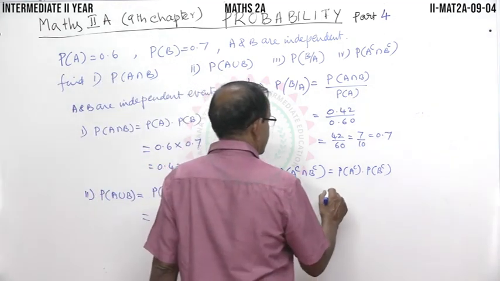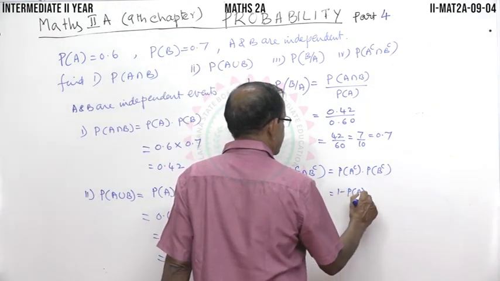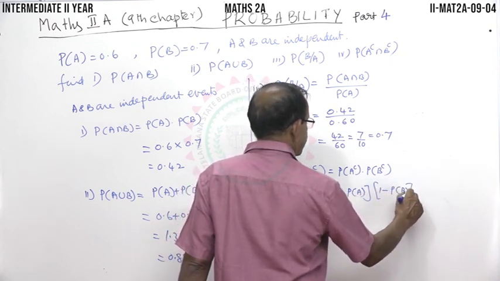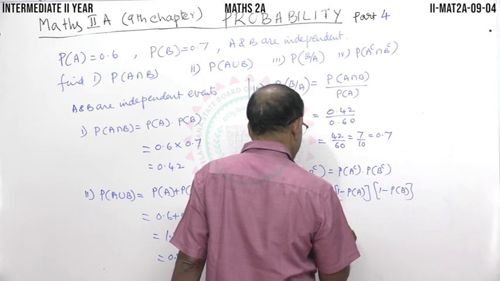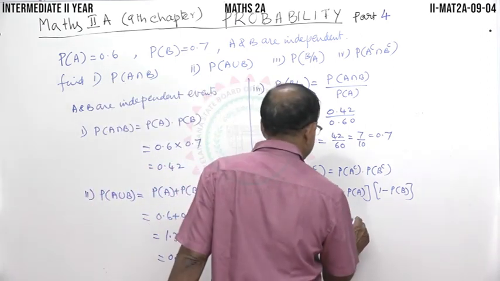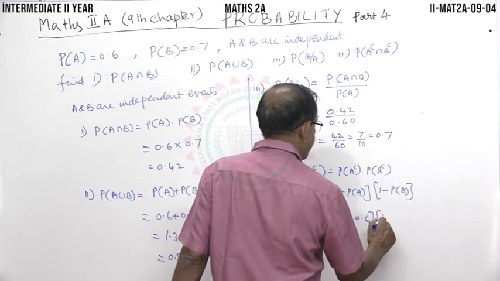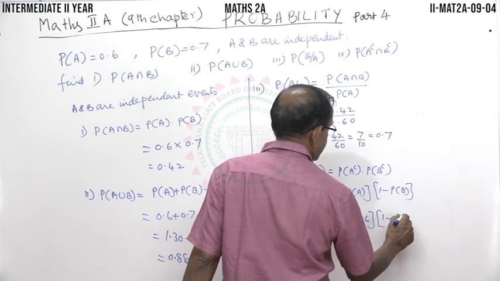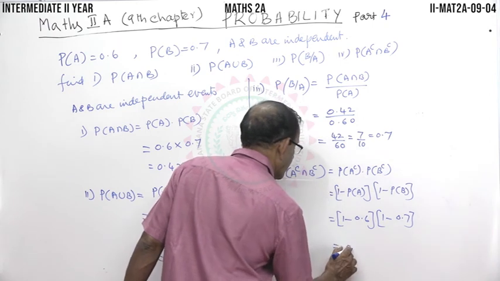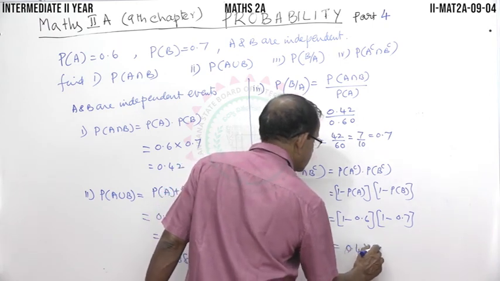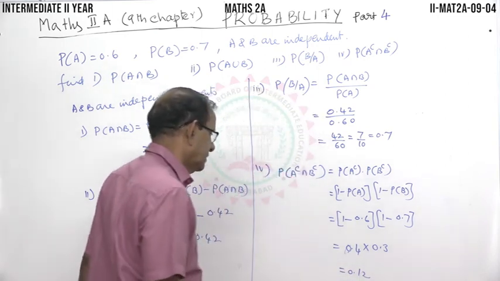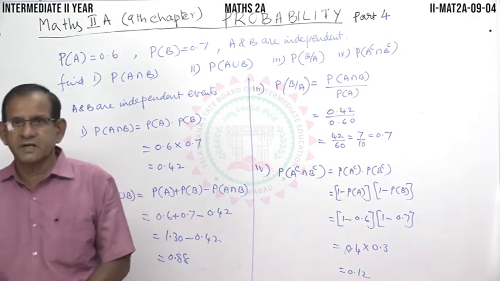That's why it is 1 minus P of A into 1 minus P of B. Equal to 1 minus P of A is 0.6, 1 minus P of B is 0.7. So equal to 0.4 into 0.3. That is 0.12. So that is the probability for A complement intersection B complement.